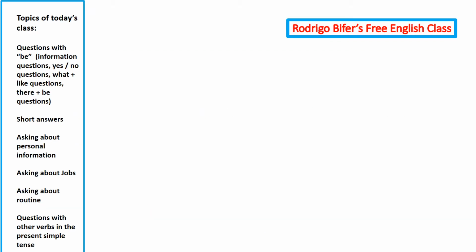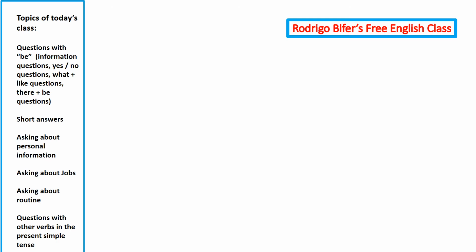All right, we have here on the left a list of all the topics we're going to see and study in today's class. We're going to talk about questions with the verb be: information questions, yes/no questions, what plus like questions, and there plus be questions, so lots of fun.